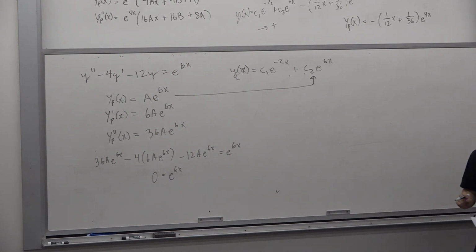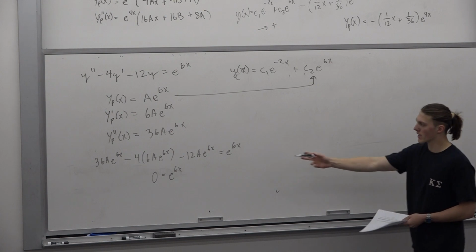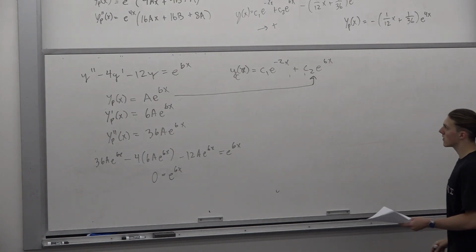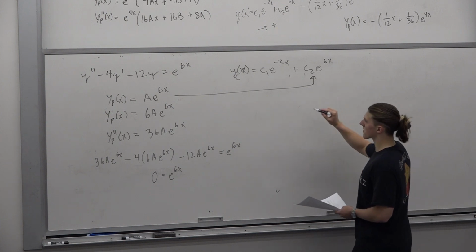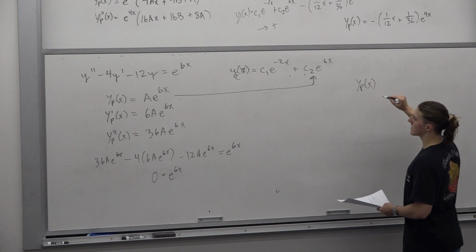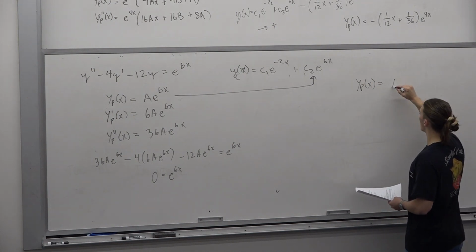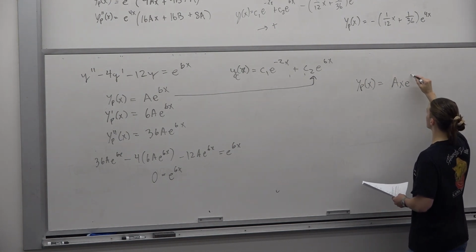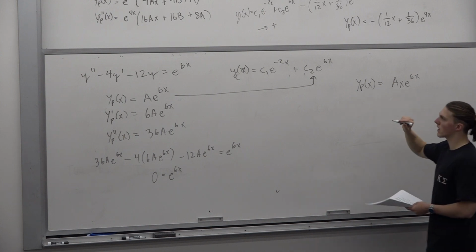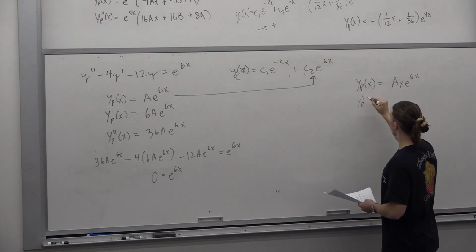And if that's the case, you're going to get a weird result just like that when you try solving. So what do we do? We just have to modify it slightly. Instead of a e to the 6x, we do a x e to the 6x. So that's our guess for the particular solution, and now we can go through the same process.